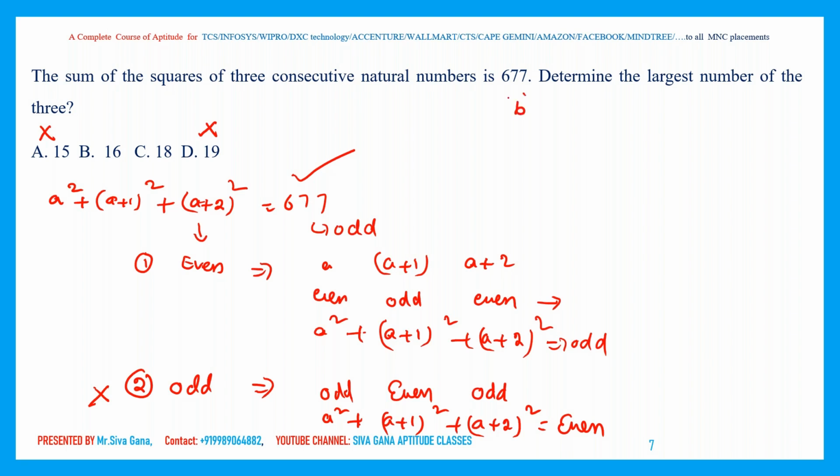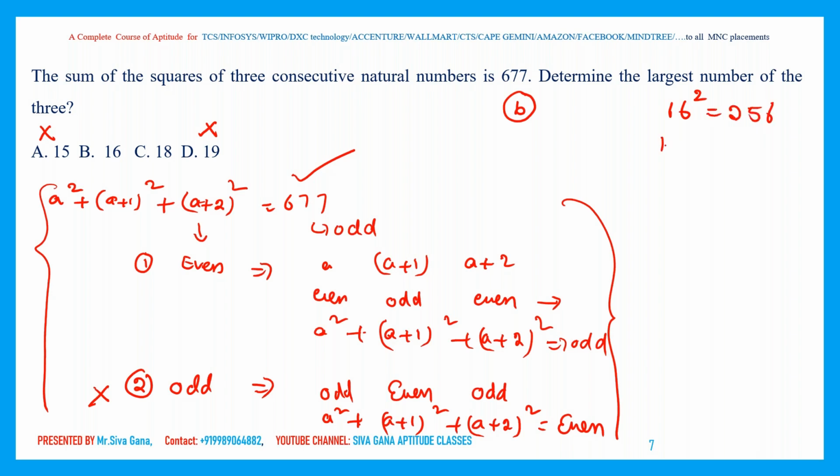Let us check option B. Since the largest is proved to be even, you can directly start from a equal to 15 as well. If the largest is 16, 16 squared is how much? 256. Before that, 15 squared is 225.